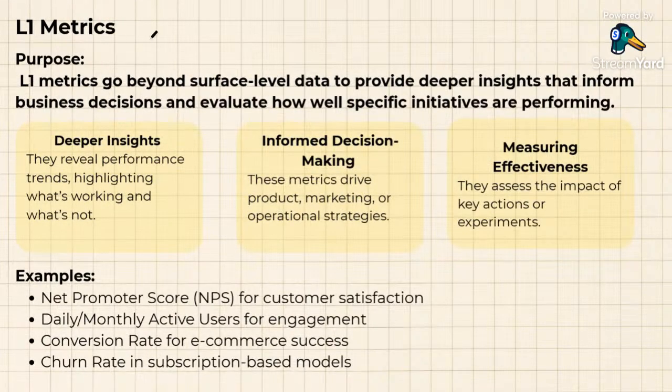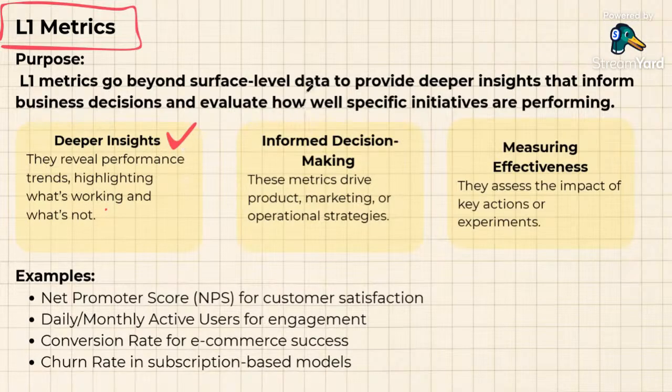Then we have the L1 metrics. It is something deeper compared to the L0 metrics, where it provides deeper insights and helps us with trends, and helps us understand what is actually working for the product or the company and what is not.